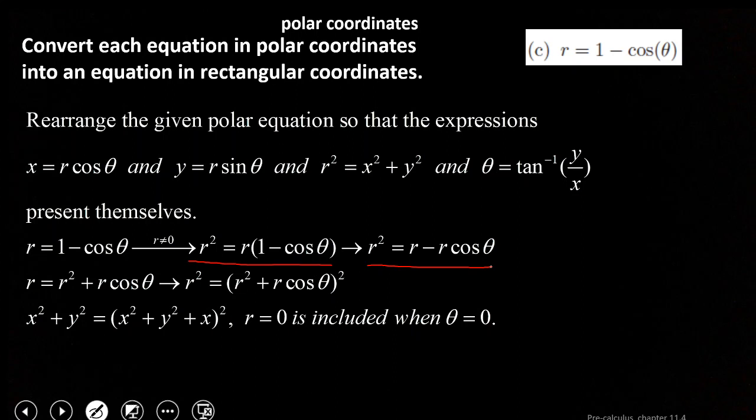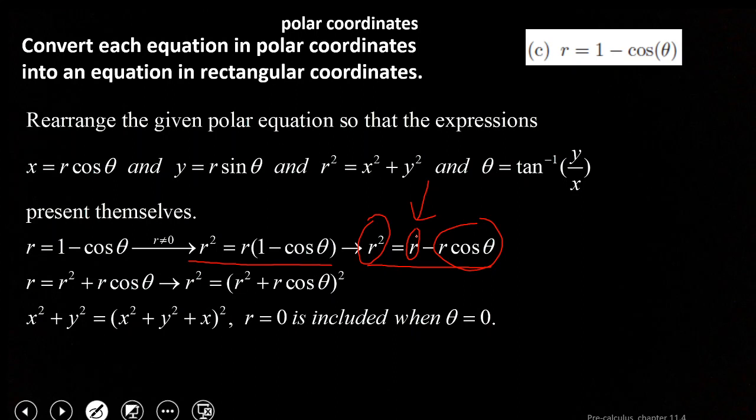Well, again, we have another r here that we don't know what to put for. This is good, this is x, this is good, this is x squared plus y squared. But what do we do with that? So what we have to do is isolate this r by itself and square both sides.